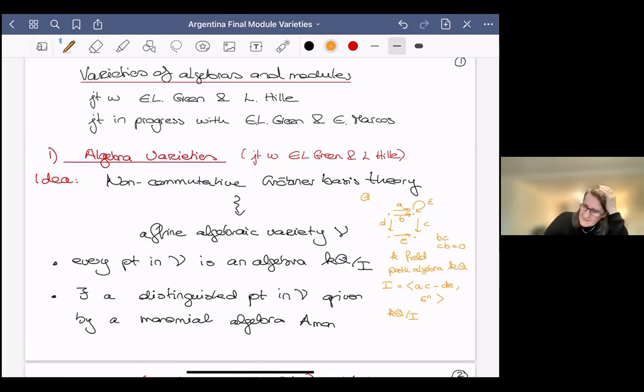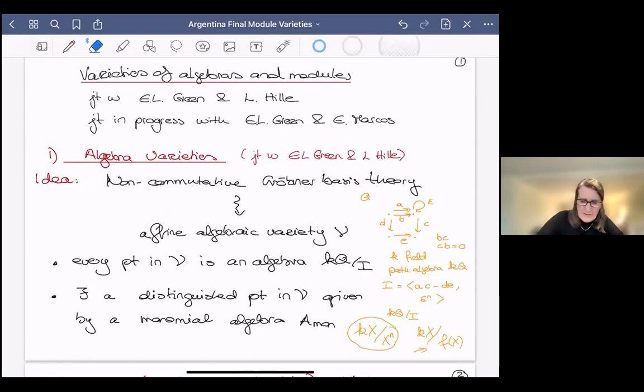And in that case, it just will be algebras of the form k[x] over x^n as opposed to k[x] over some polynomial f(x). And of course, here we see that this algebra is much easier to study than this algebra here.